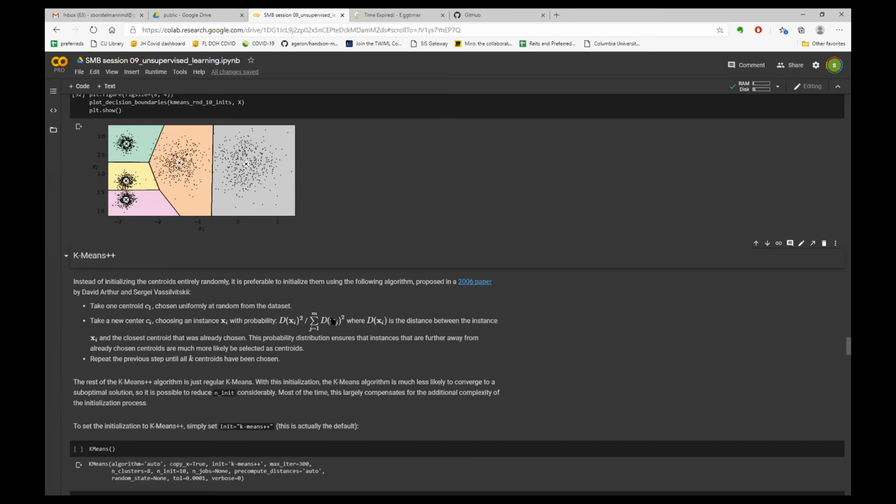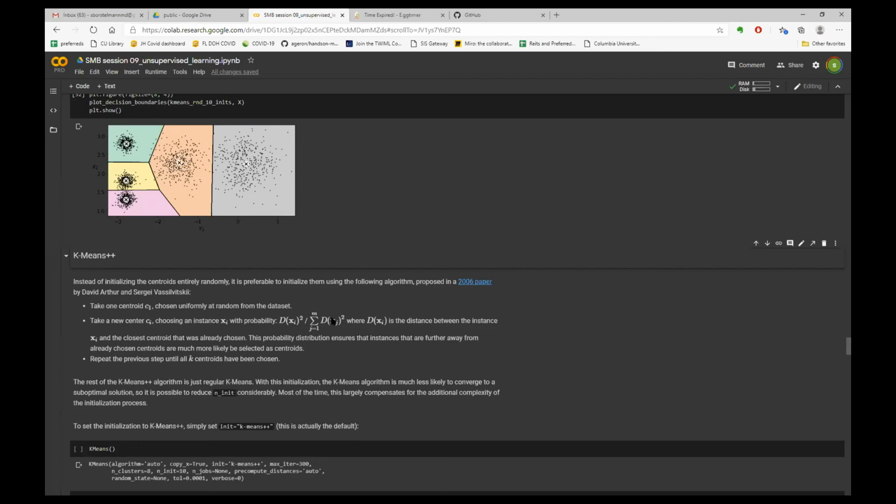And what that does is that the instances that are further away from the chosen centroids are more likely to be selected as centroids. And you kind of keep repeating it. And this algorithmic improvement means that it is less likely to converge to a suboptimal solution, so you can decrease n_init to a lower number and reduce your computational burden.